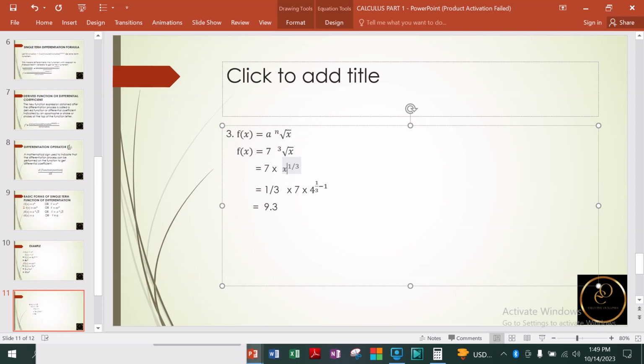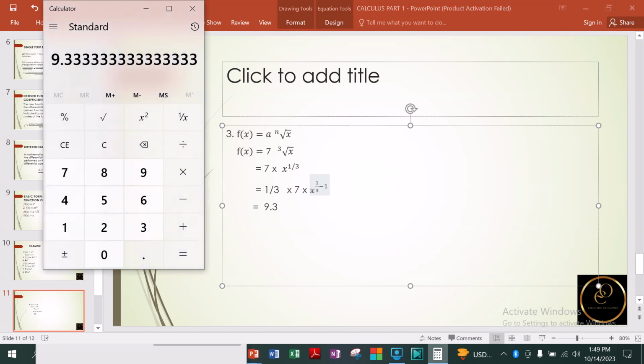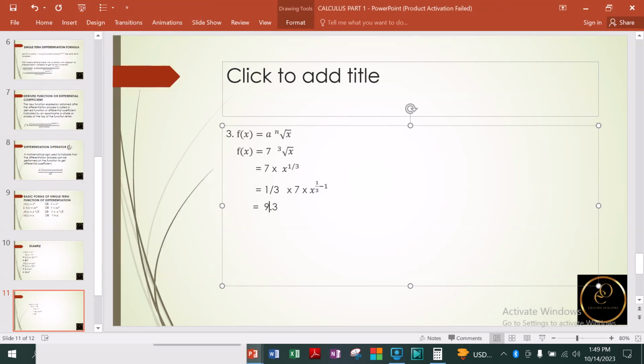But then I'll get back to the calculator: we divide by 4 to reverse, 2.3. So 2.33.